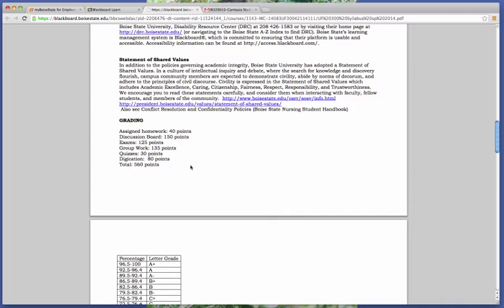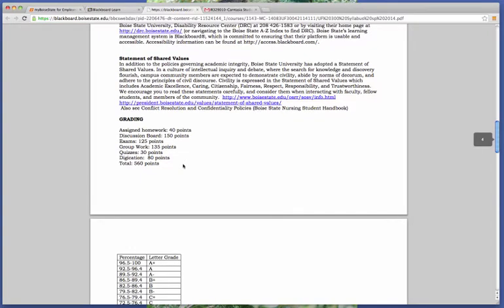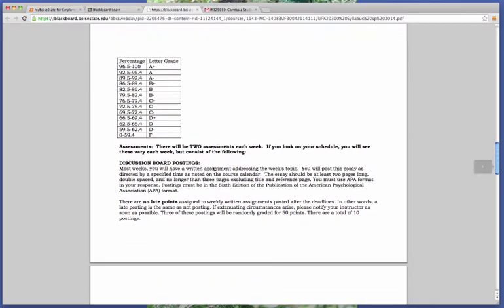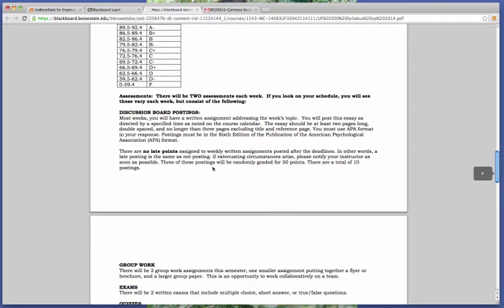So it's kind of like double dipping a little bit, but we are emphasizing these e-portfolios within this course. So you'll have a total of about 560 points, and your grades follow our standard grading schematic here at Boise State.